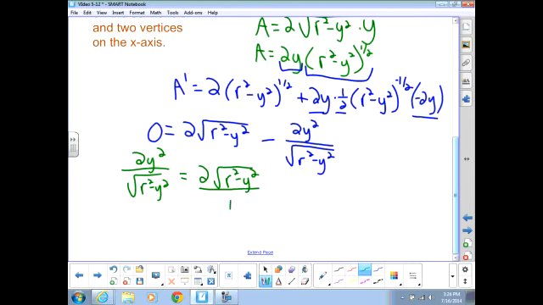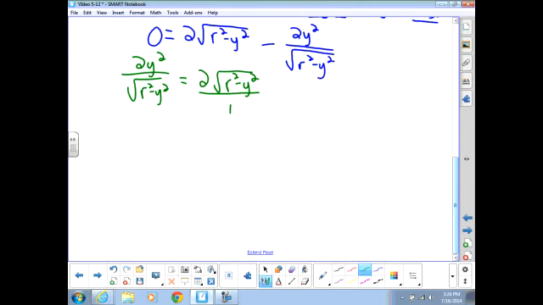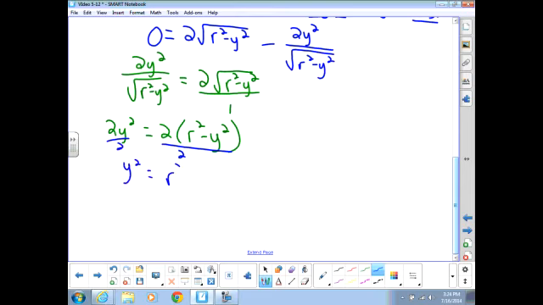You can think of that over 1, and we can cross multiply. So we'll get 2y squared equals 2, and then square root times the square root is just itself. So that's r squared minus y squared. We can divide both sides by 2, and we'll get y squared equals r squared minus y squared.